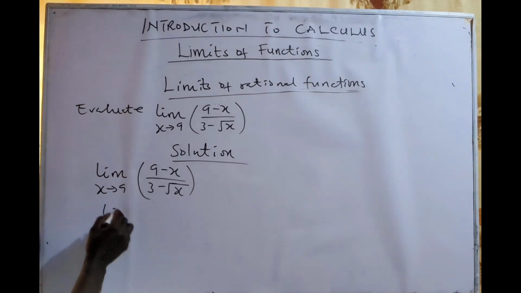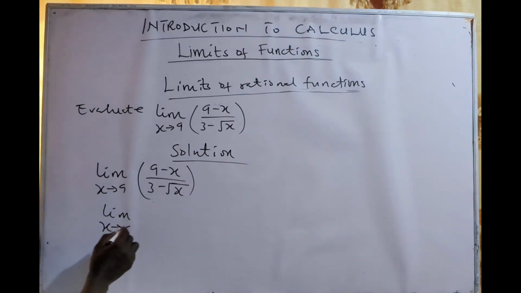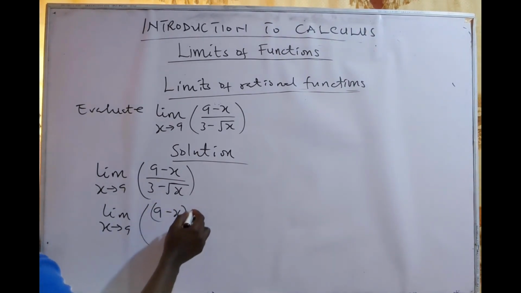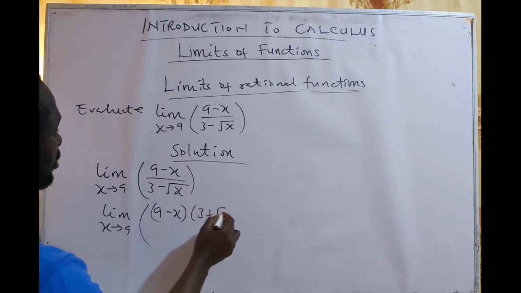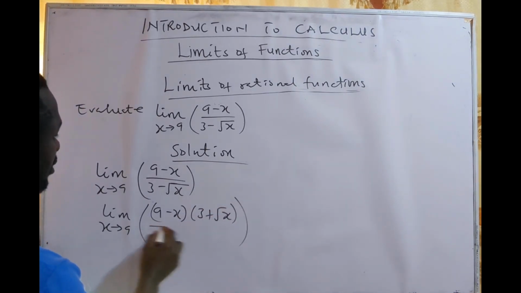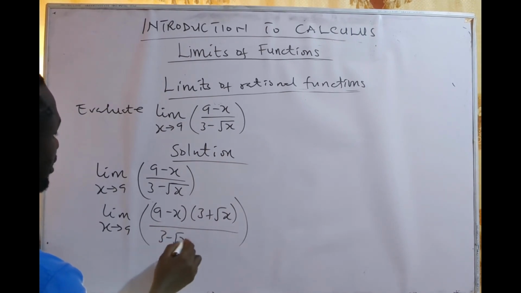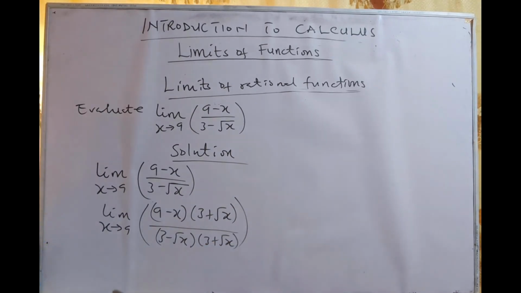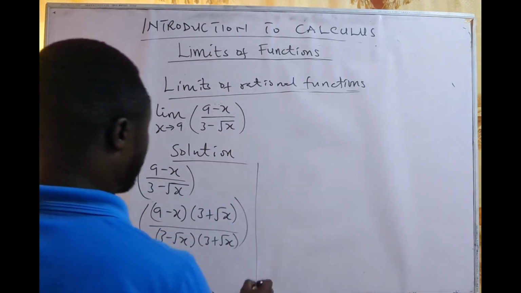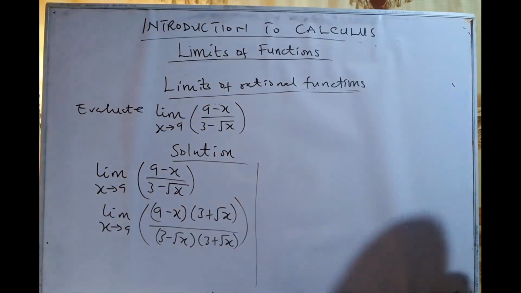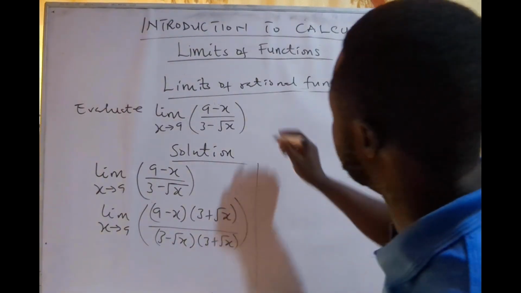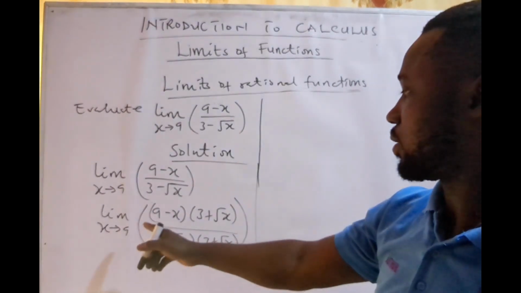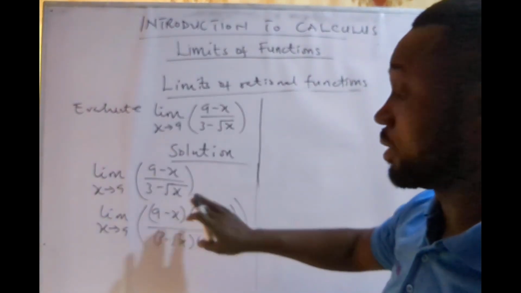Okay, so we have the limit as x approaches 9 of 9 minus x multiplied by 3 plus root x, all divided by 3 minus root x multiplied by 3 plus root x. Okay, let's continue. When you get this, don't be in a rush to expand both the numerator and the denominator.